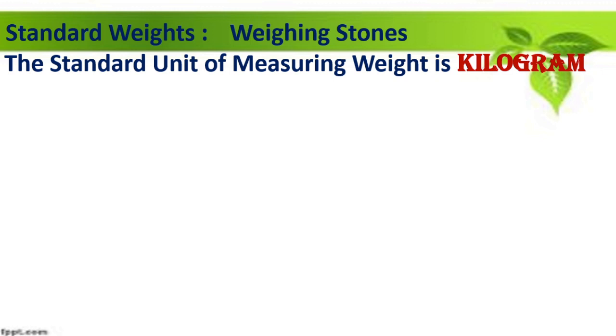Remember this, the standard unit of measuring weight is kilogram. Here also 1 kilogram is equal to 1000 grams. You know that kilo is nothing but 1000. So 1 kilogram is equal to 1000 grams.